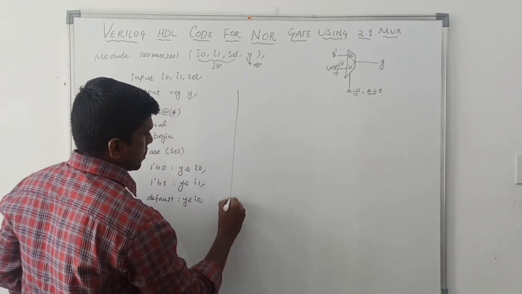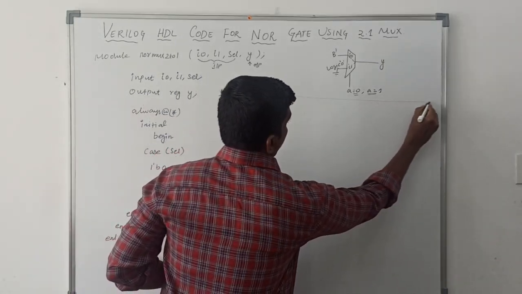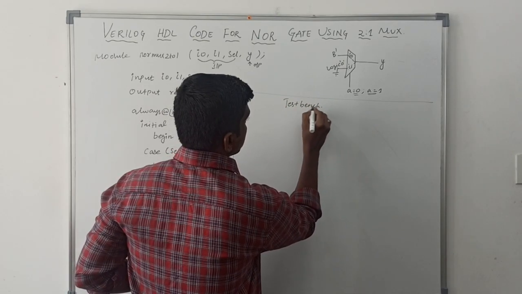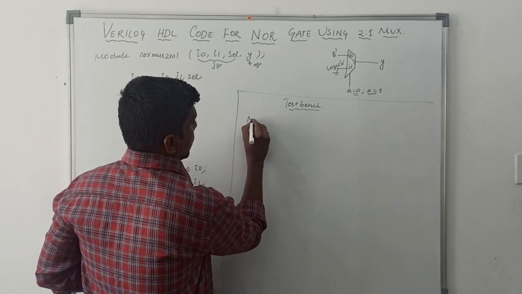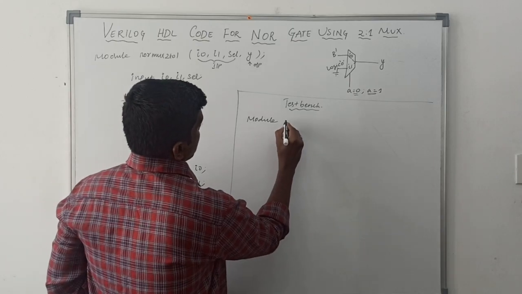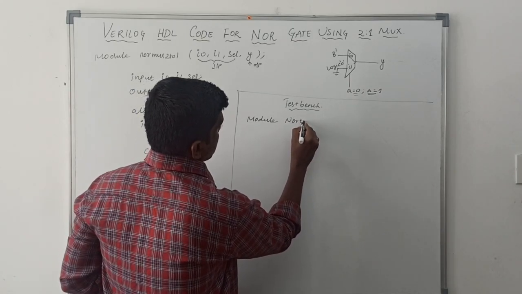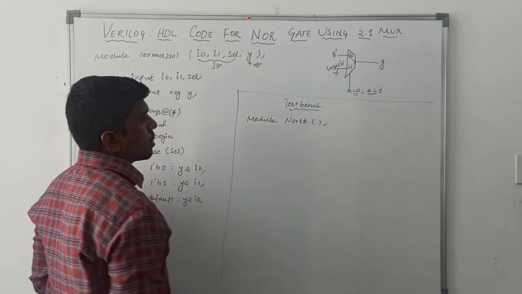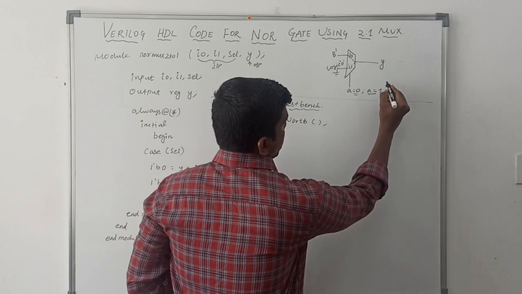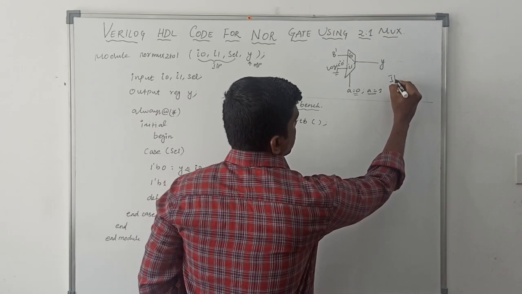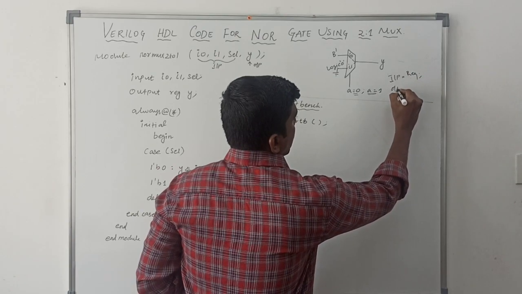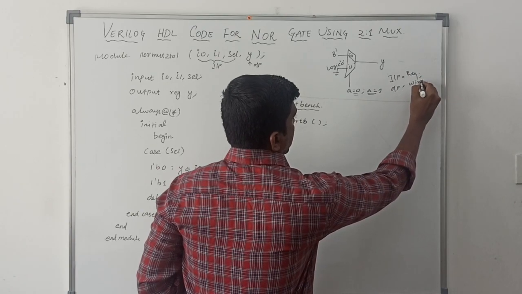Now come to the Testbench Verilog HDL code. First you write module, then the module name NOR TB. Then the declaration of input variables and output variables. In a Testbench, input variables are considered reg and output variables are considered wire.